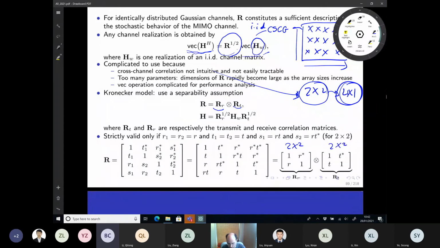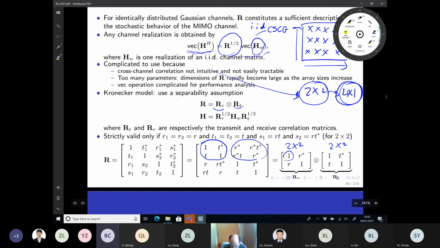And by Kronecker, what I do is I take the first entry, and the first entry is multiplied by the entire second matrix. So from one entry, I now go to a 2 by 2 matrix here.